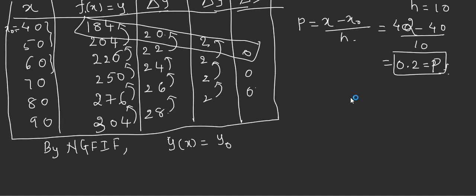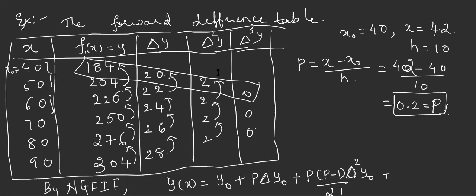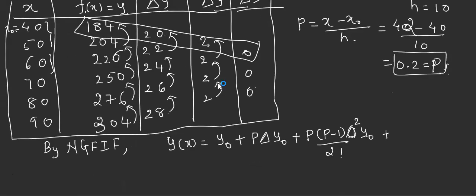Y naught plus P delta y naught plus P into P minus 1 divided by 2 factorial delta square y naught. You are getting values only till delta raised to 2. Next value is 0, but let it be, I'll write in the formula: delta cube y naught plus and so on.